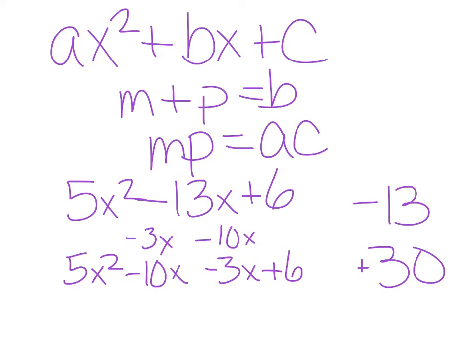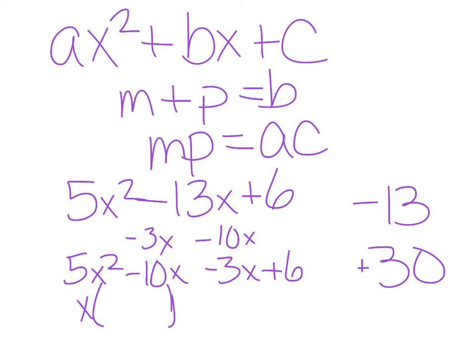Now, to get to a final answer, you have to factor out separate things from each of them. Look at 5x squared and negative 10x, and is there anything that goes into both? As a matter of fact, they both have an x, so I'm going to bring the x out and make a parentheses like this.